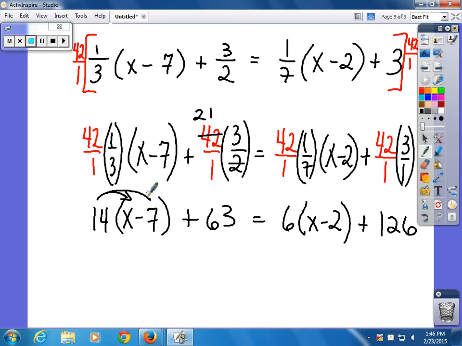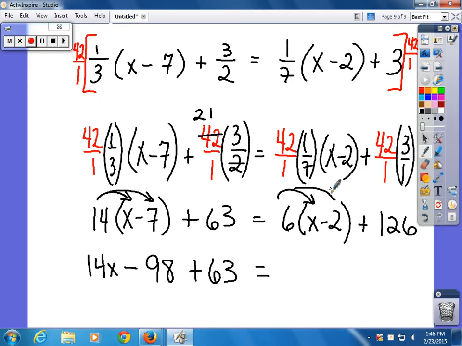What's 14 times x? 14x. What's 14 times 7? 98. Plus 63 is equal to 6x minus what?